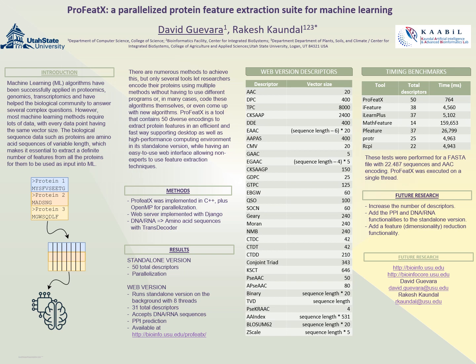Now, in the future, we might add some more methods, add the PPI, protein-protein interaction, and DNA or RNA functionalities to the standalone version, and also add dimensionality reduction with PCA or other algorithms suited for this task.